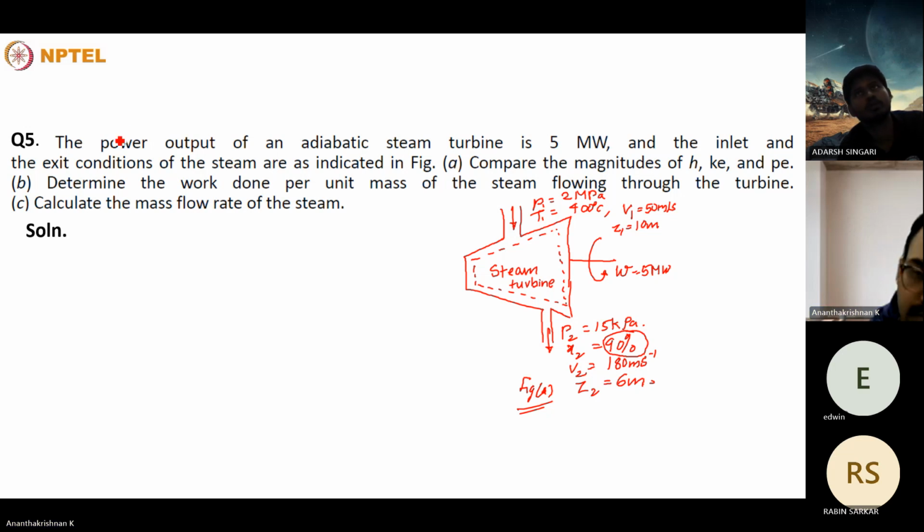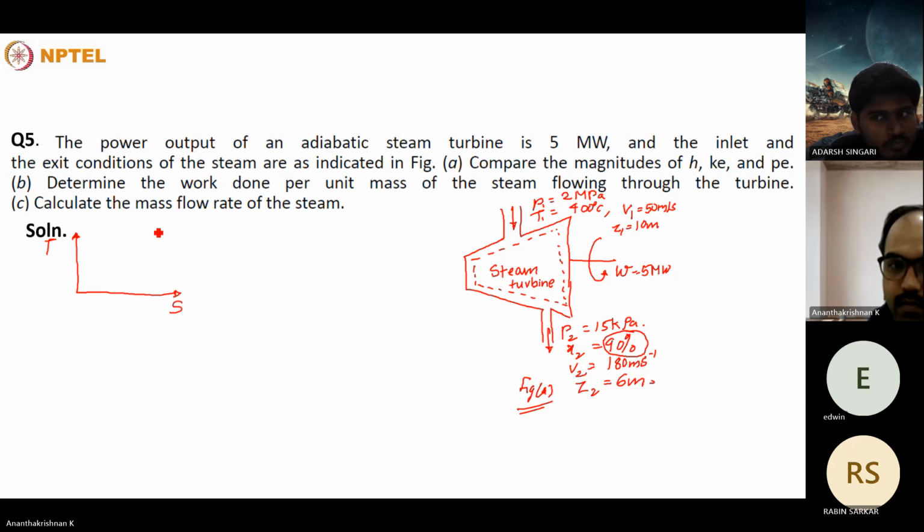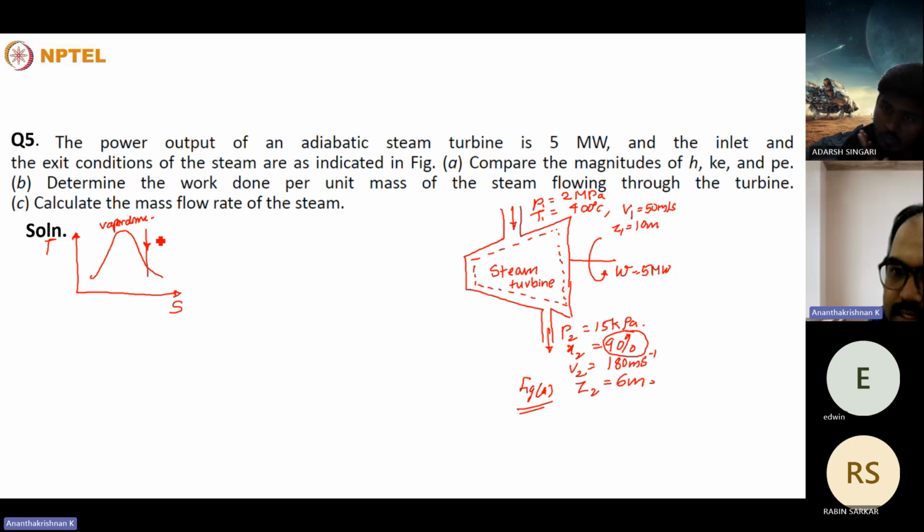So if you try to draw the vapor dome, it can actually be like this. If you assume this to be a reversible adiabatic one or the isentropic process, it can come from point 1 to point 2.